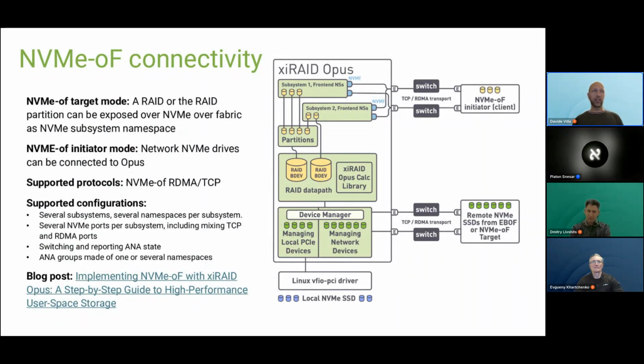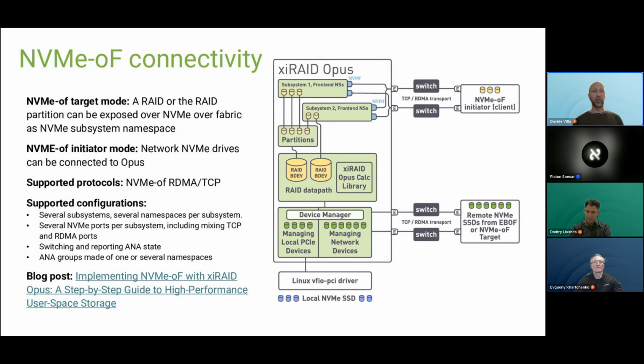When it comes to the connectivity, xiRAID Opus is more than a RAID engine. So we support our own implementation of NVMe over Fabric, and we support NVMe over Fabric target mode as well as initiator. So as a target, we can create the RAID and expose the RAID over the Fabric for drives or subsystems like namespaces.